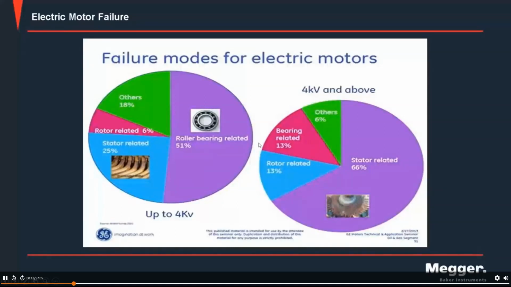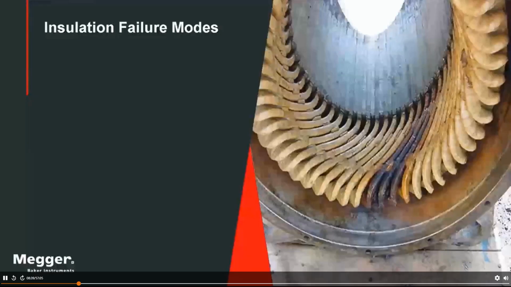That becomes a smaller percentage of bearing failure because it's easier to roll those bearings in and out in the field. Also, for voltages greater than 6,000 volts, we introduce an increased failure mode in the form of partial discharge and corona activity. So again, today's focus is going to be primarily on those stator-related failures and some rotor-related failures as well.